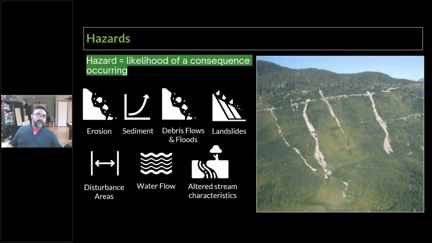And of course, that ties right into disturbed areas, where we're just talking about the overall disturbance to an area, where that can be related to soil moisture or temperature, or just disturbance to a sensitive area or element, or to productive land base.